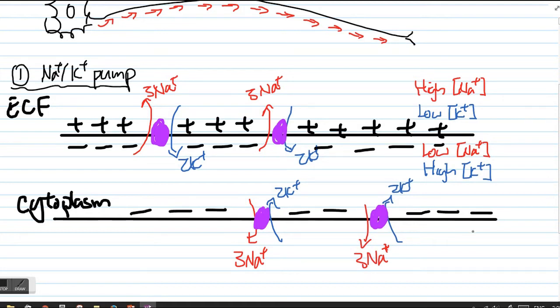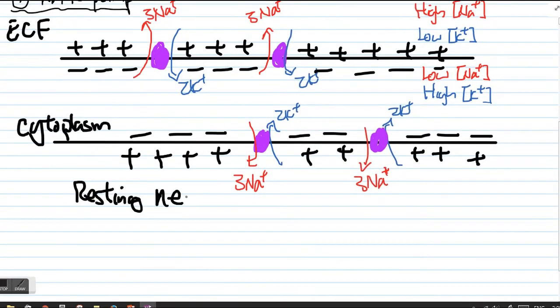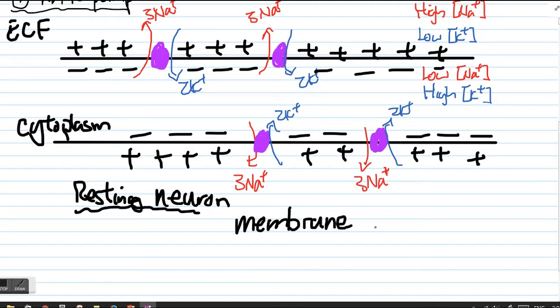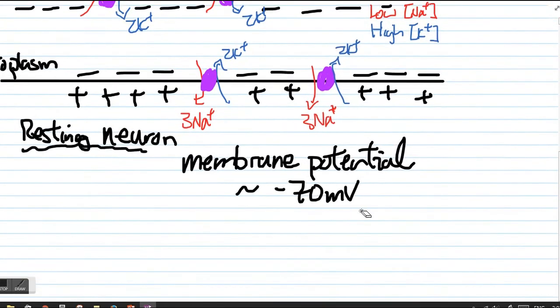Okay, so the axon of this neuron is going to be what we call a resting neuron, because it is not yet transmitting a signal. And when a neuron is at rest and we measure the charge difference across the membrane, we would have a membrane potential of approximately -70 millivolts.